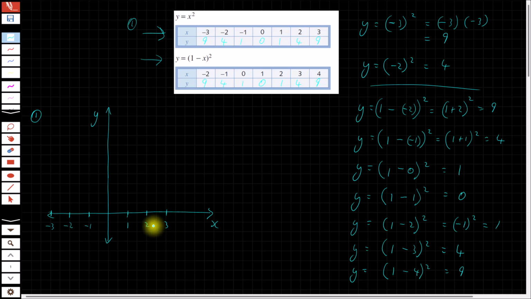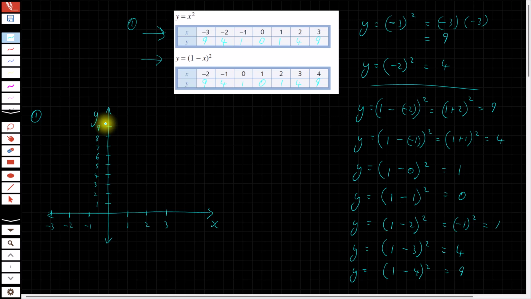For the y values, we go from 0 to 9. So 1, 2, 3, 4, 5, 6, 7, 8, 9.